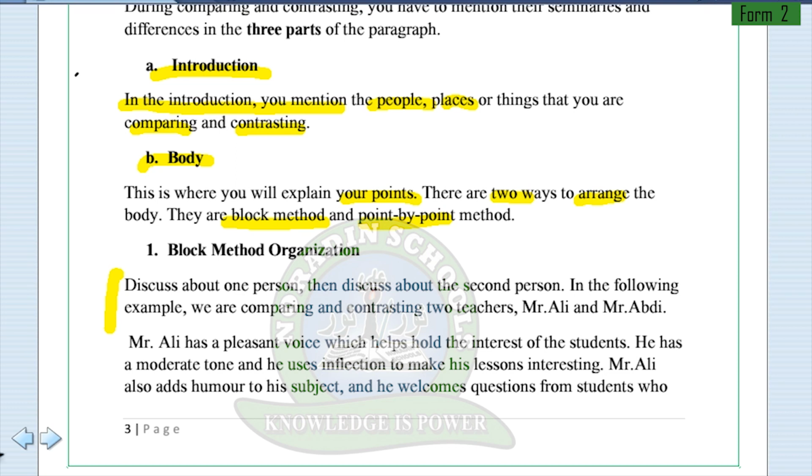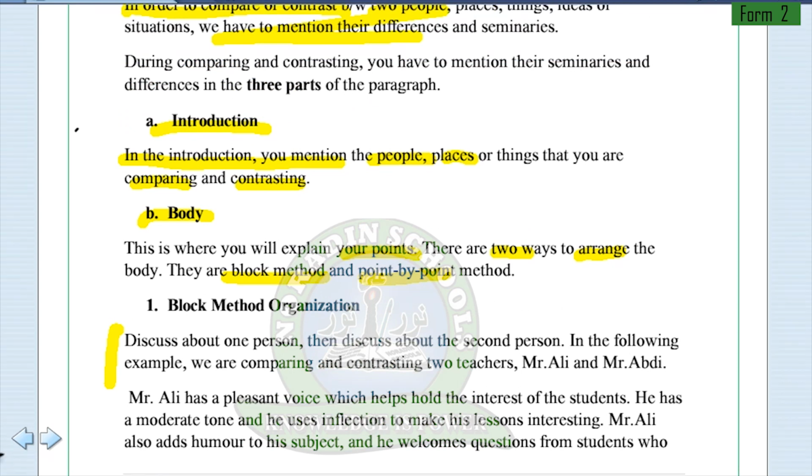For example, here is a piece of writing. We can do it like this. Here is the introduction, and here is the conclusion. But in the body, if we are using block, here I'm writing one thing.